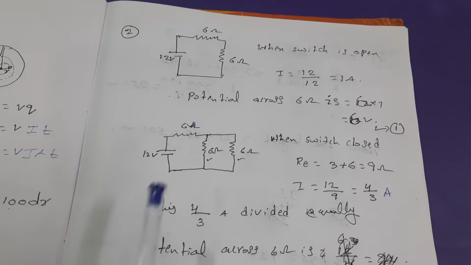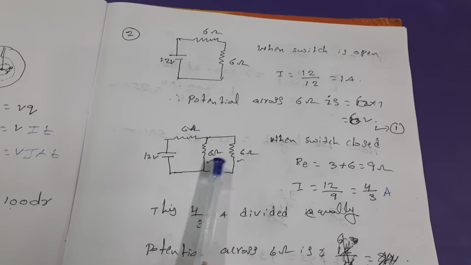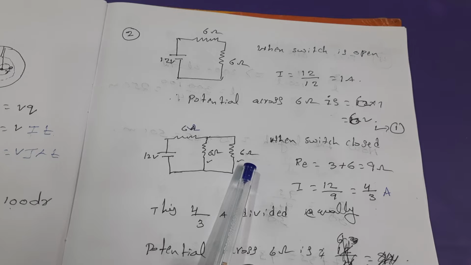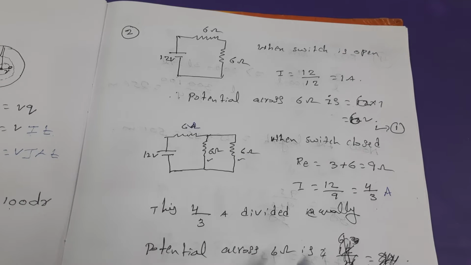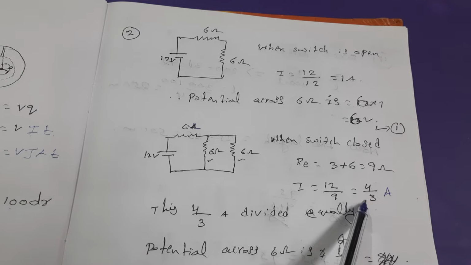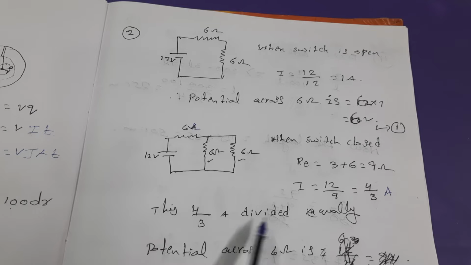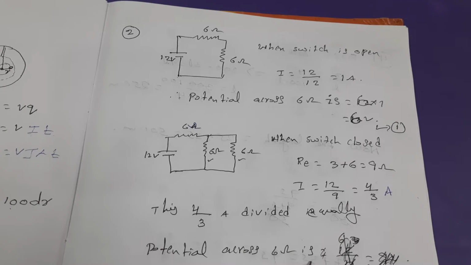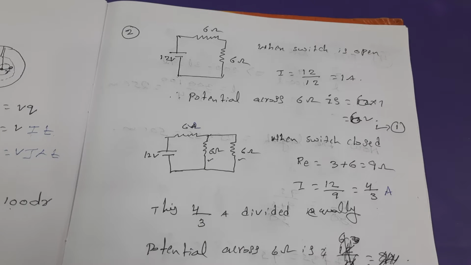Now this 4 by 3 is divided into two equal parts. Why? This is also 6 ohms and this is also 6 ohms. Half of this, 4 by 3 divided by 2, gives 2 by 3 amperes. So 4 by 3 is divided equally. Now we have to find the potential across the 6 ohms as usual.